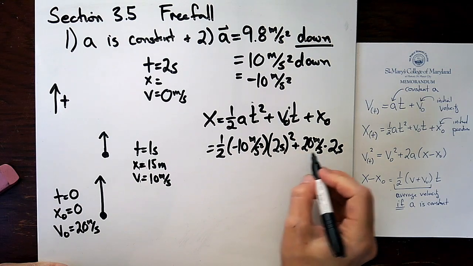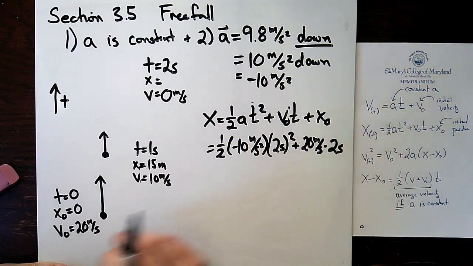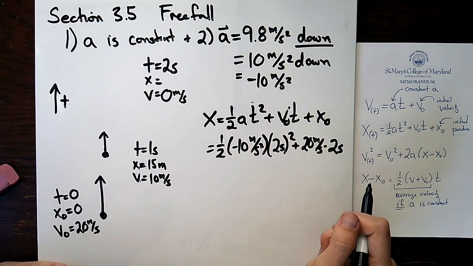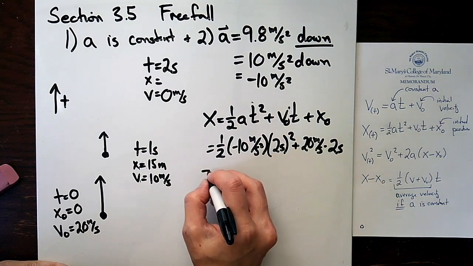So here's the first term, there's the second term, the third term is 0, so this time I'm not even going to bother writing it down.